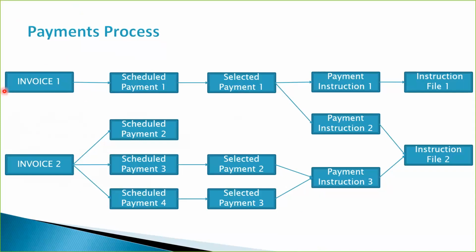An invoice is a document that is sent to you from the supplier, indicating the goods and services that were provided and the payment terms indicated and other information. So once an invoice is received, the invoice is captured in AP, where you capture all those details. And once the invoice is validated, then a scheduled payment is created.